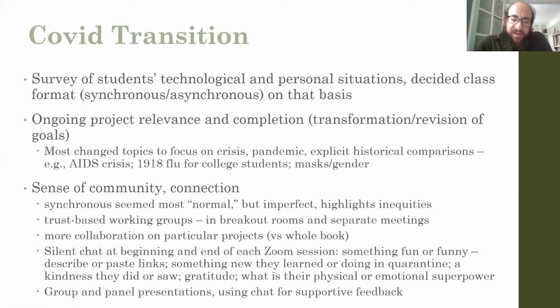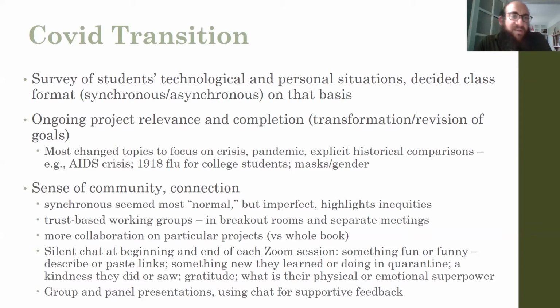One student set up a really impressive oral histories interview project where she did all these recordings of friends she had around the country, about what is going on right now and how COVID is affecting people in different situations differently. A lot of other students turned to making either explicit or implicit historical comparisons.